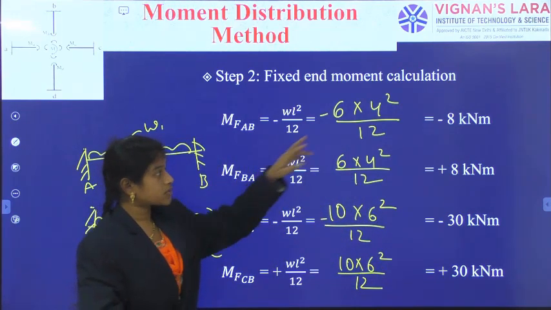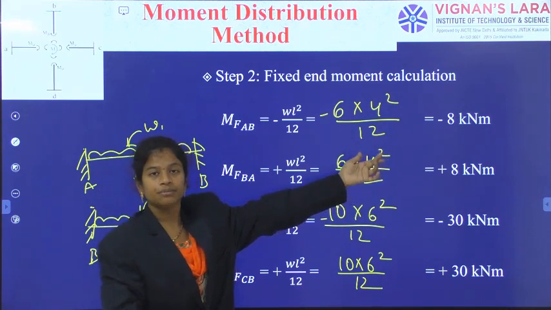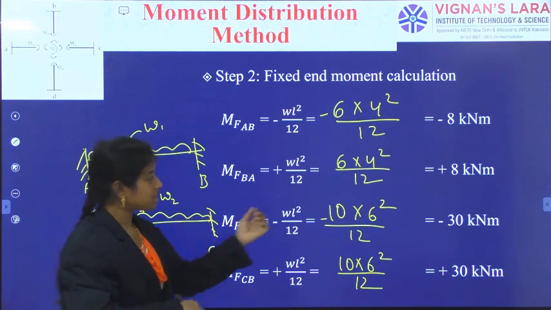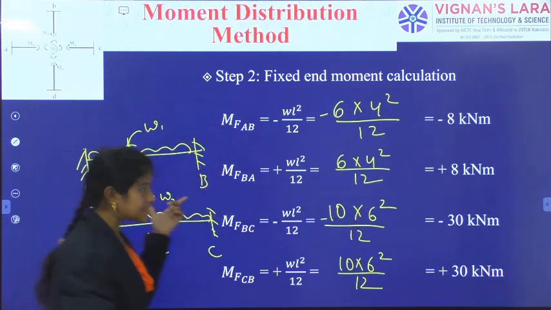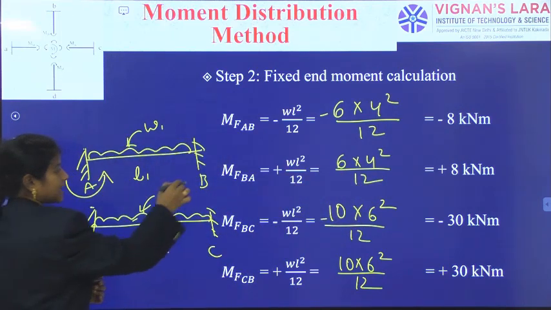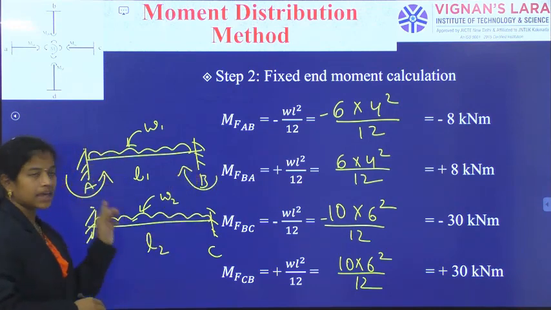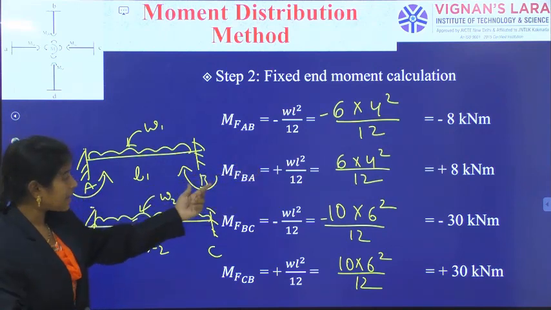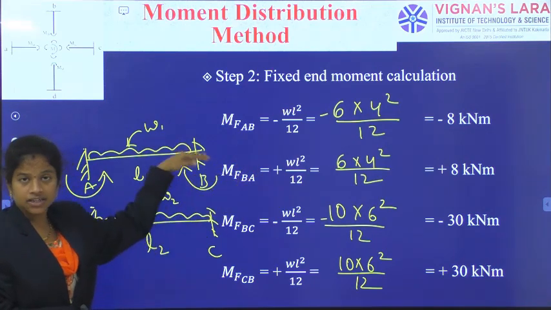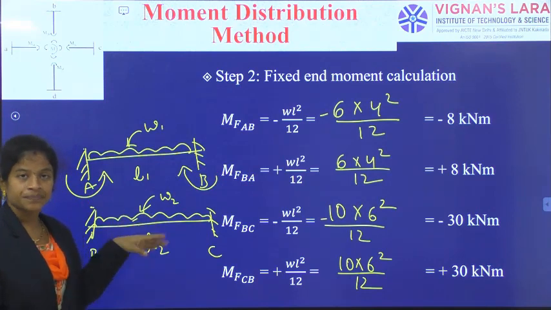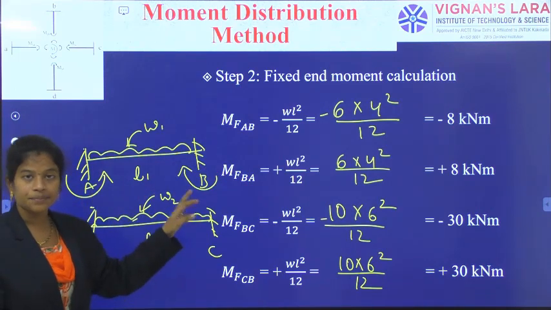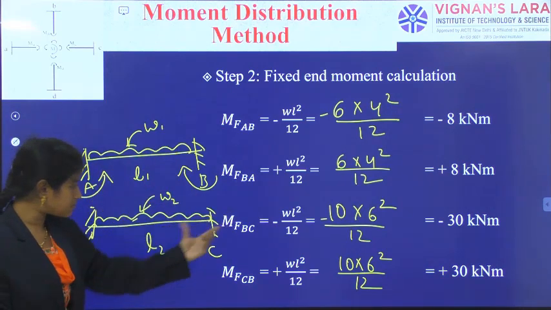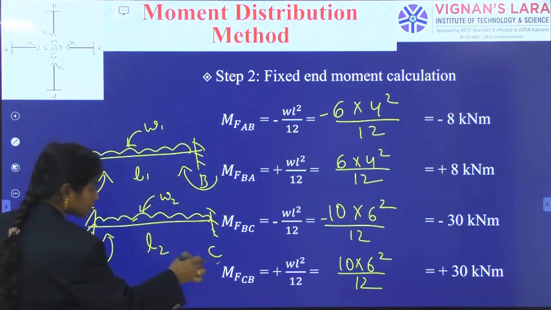So, minus 6 into 4 square by 12, we have got minus 8 kilonewton meter as the fixed end moment at A in the anti-clockwise direction, and on the right side of A, that is BA. So, MFAB in the anti-clockwise direction, that's why I have indicated minus 8, and MFBA, that is plus 8 because it is clockwise. For our moment distribution method, anti-clockwise is negative, clockwise is positive, same as in slope deflection. Okay. Similarly, for BC, anti-clockwise is negative, clockwise is positive.